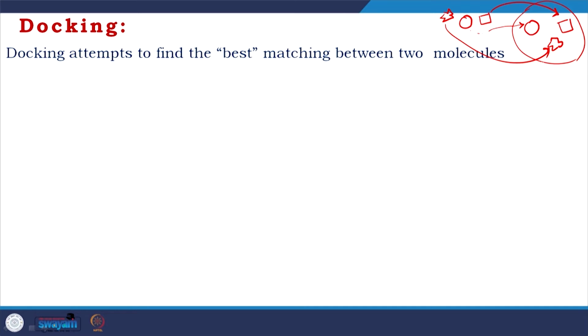So, finding a proper match is the process of docking at the initial level.